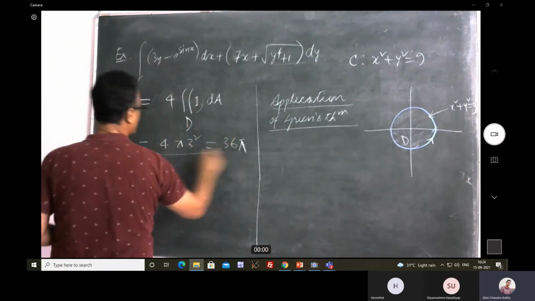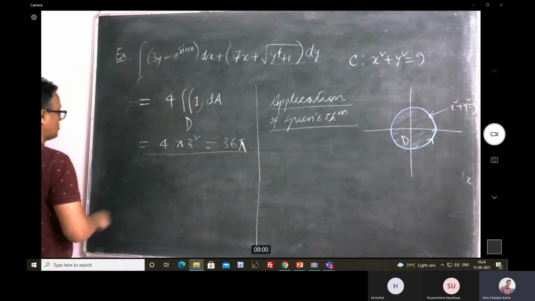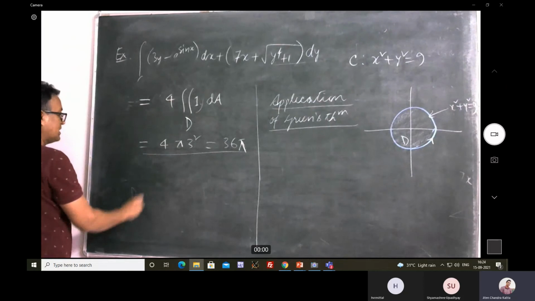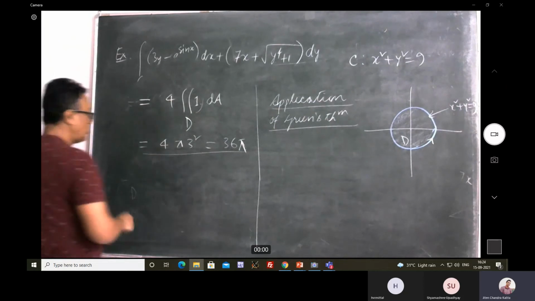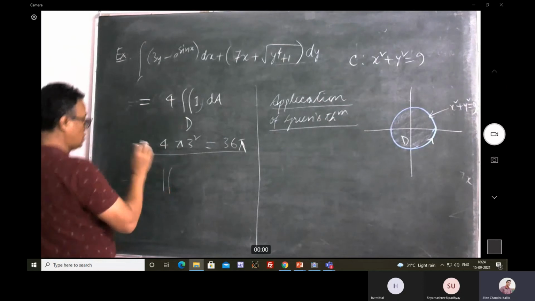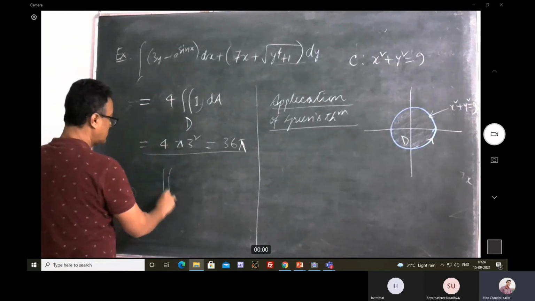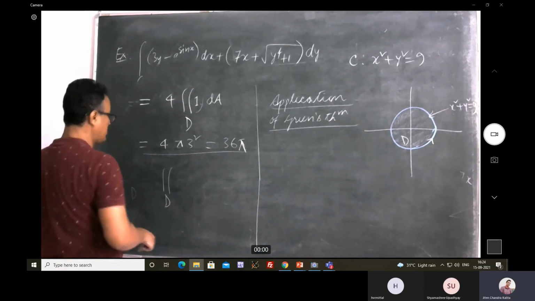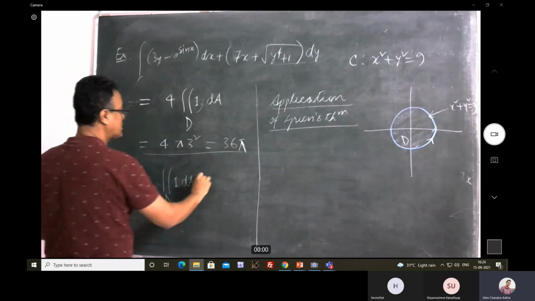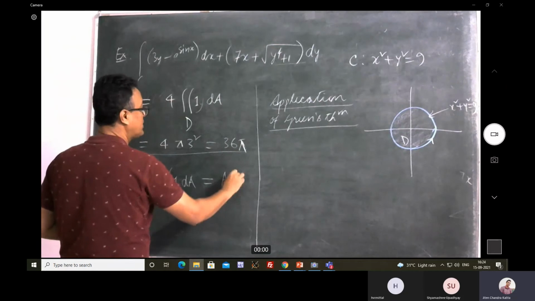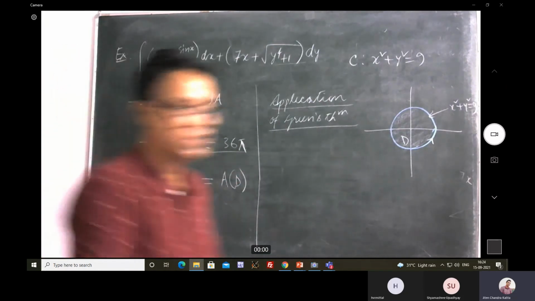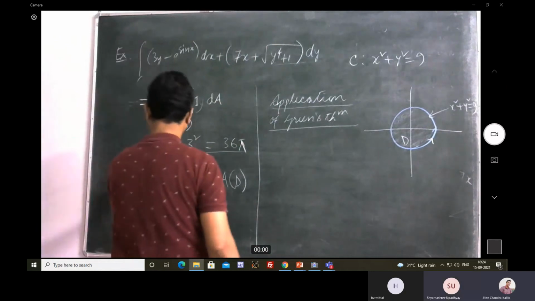See, as I had told you, if I consider a region D bounded by a simple closed curve C, then if I want to do the double integral of this, this is simply going to give me the area of the region D, isn't it? Is it okay? Fine.